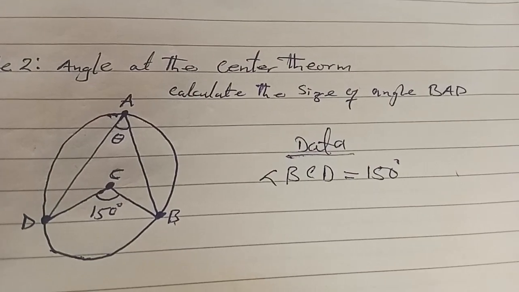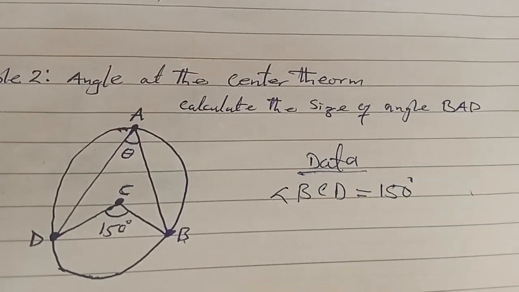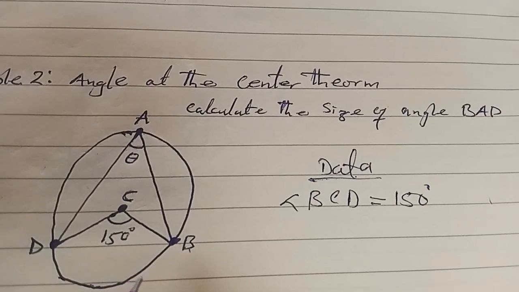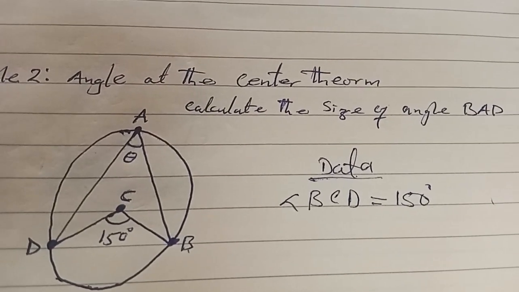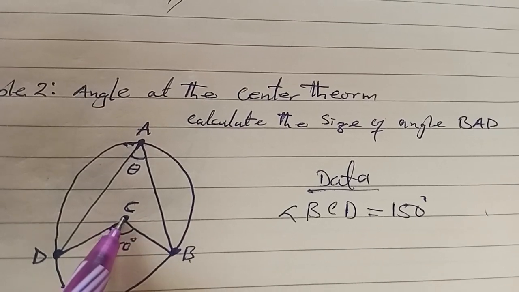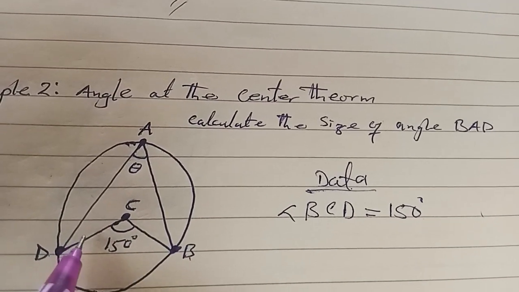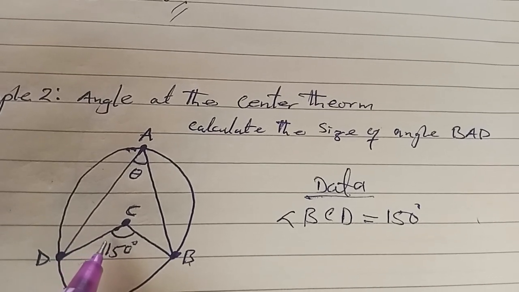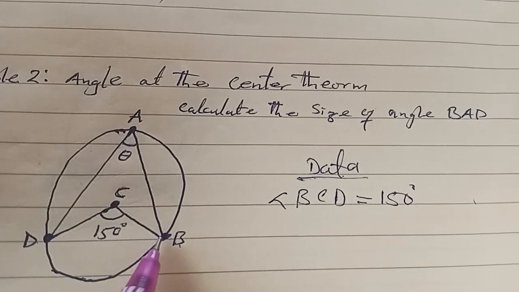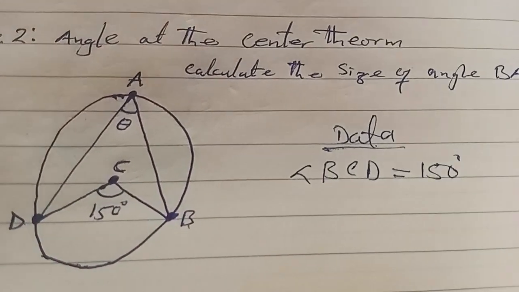Now with that, we also know that BC is equal to CD. It is the radius, right? Now, we know the radius is from the midpoint of the circle, right? So we are given two radii here, one from C to B and from C to D, right? There are two radii here. So from B to C is equal to from C to D. They are the same length.